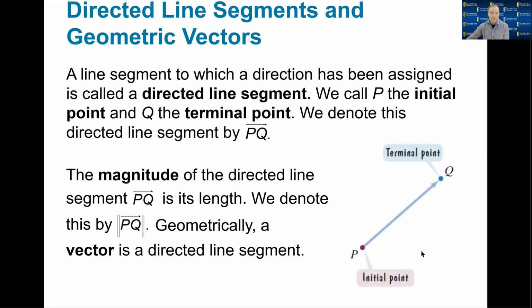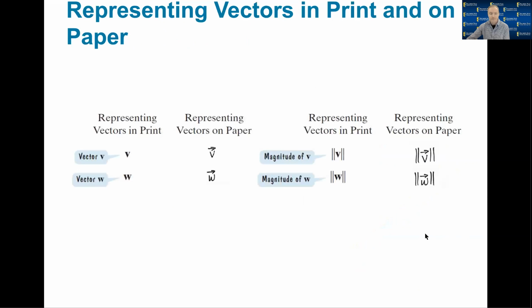Now, also important on this page, whenever we denote the magnitude, it looks like a double absolute value sign. Then the magnitude is just going to equal the length of the segment taking P to Q in this case. Now, as far as notation, anytime you see the vector notation in your book or on MyLab, it'll always look like a bold v or a bold w, whatever letter is representing the vector, it'll always be emboldened.